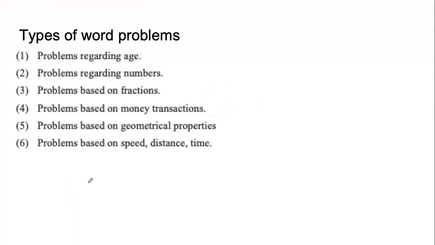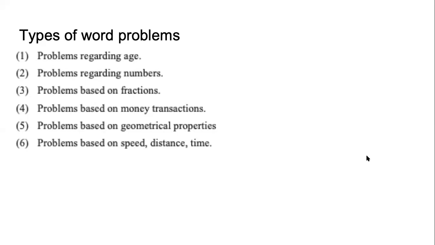Problems based on fractions, we have already done last year, numerator and denominator. Problems based on money transaction, cost price, selling price, profit, those things. Problems based on geometrical properties, we looked at one example, rectangle, length, breadth. Problems related to speed, distance, and time.